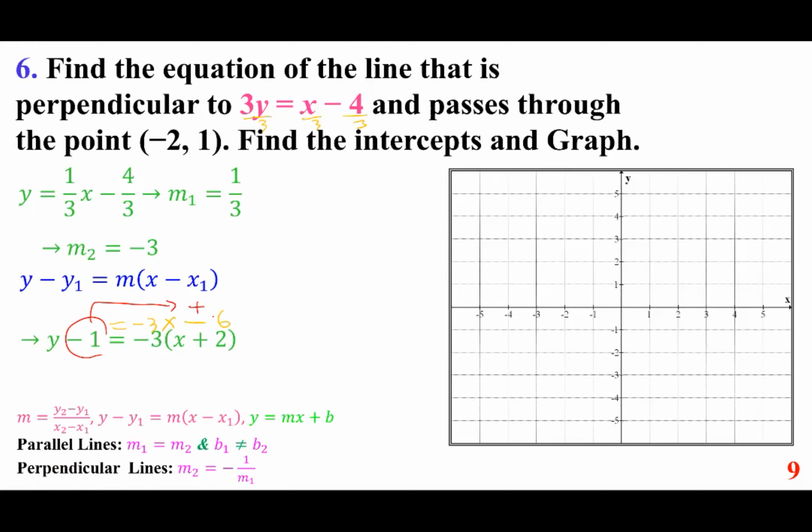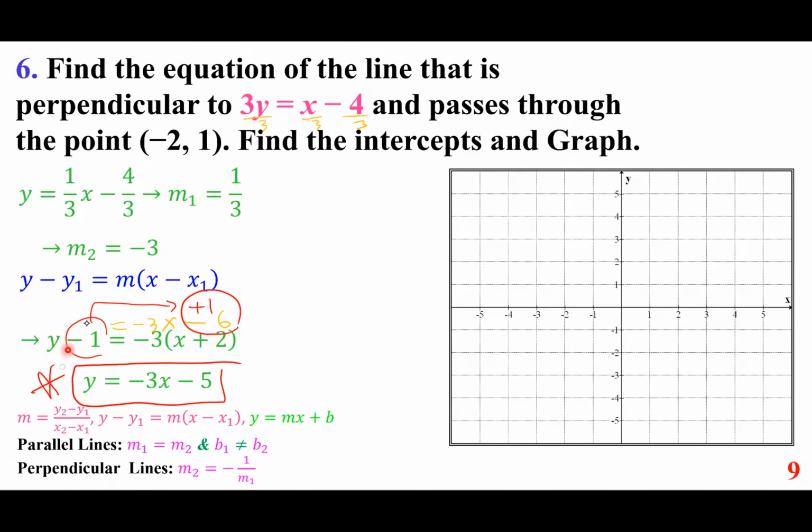Let's move the negative 1, put them together. So y equals minus 3x minus 5 is the equation of a line that is perpendicular to this line and contains this point, or passes through that point.